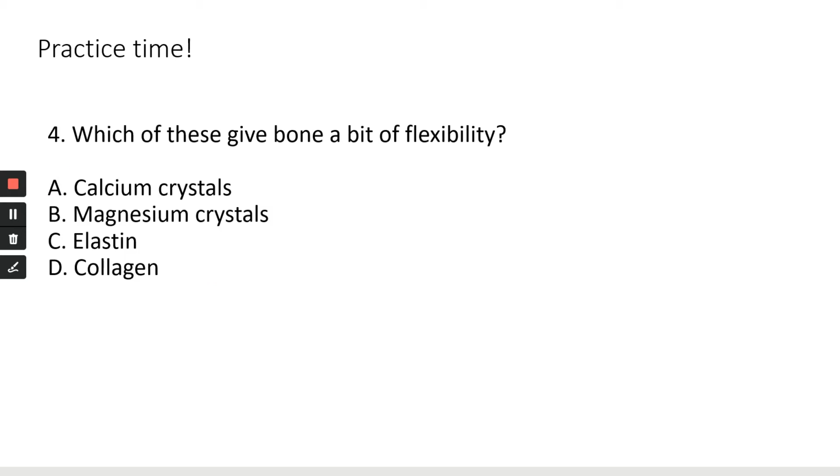Number 4. Okay, so the question asks for flexibility, right? Flexibility is not the same as hardness, right? So there are two main characteristics for bone.